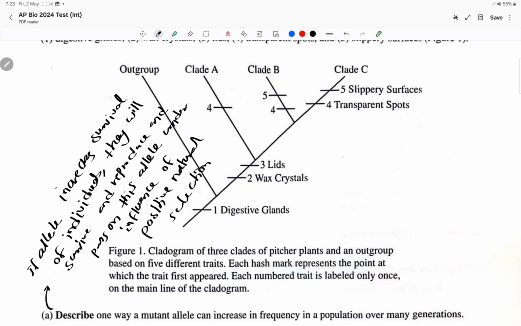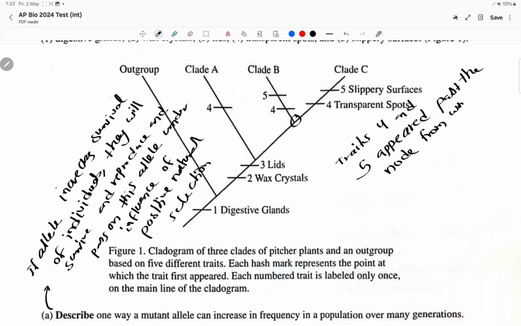Okay, so we're going to say that traits 4 and 5 appeared past the node. This is called node, from which clades B and C appeared.